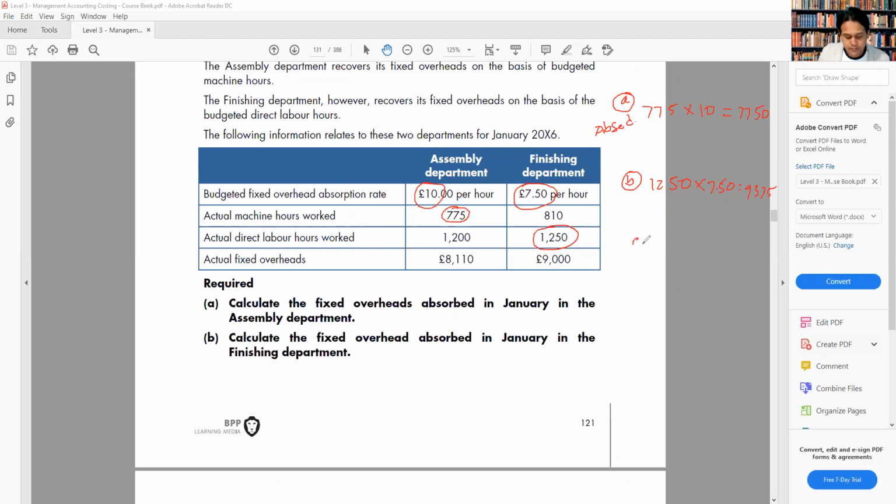And number C, now we have to do over or under. The first one we do is for our assembly department.